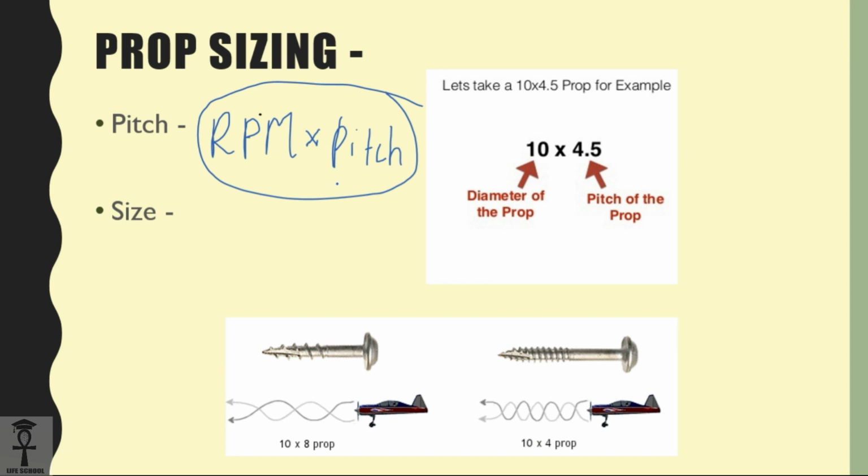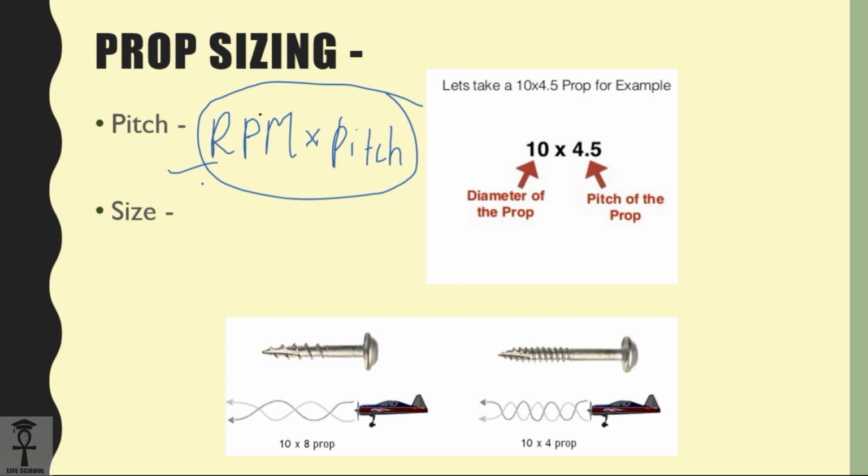So you need to check the units in which you are taking the pitch, and also the units in which you are taking the RPM. If you are taking RPM or RPS, then you can get the velocity in pitch per second or pitch per minute. So that's how you are going to get the velocity.